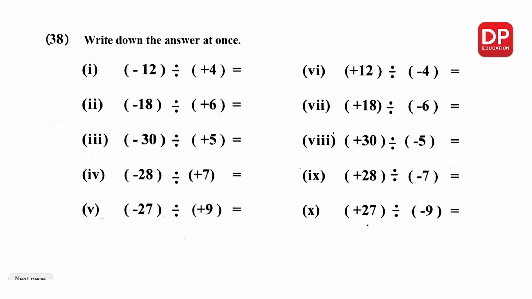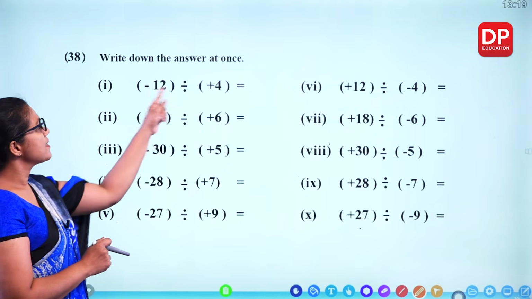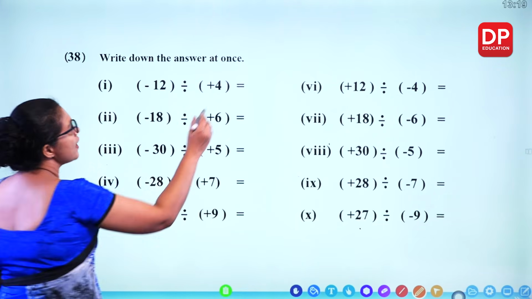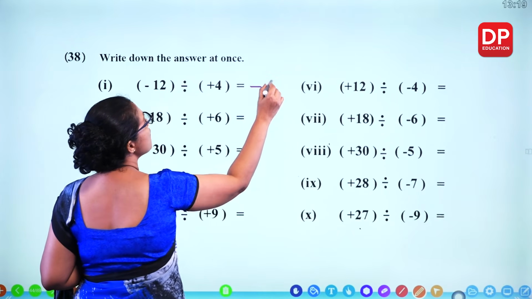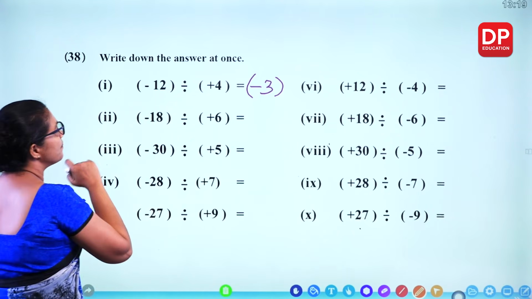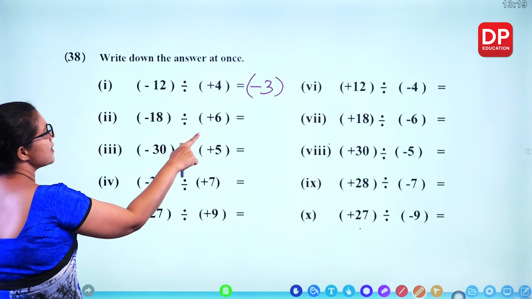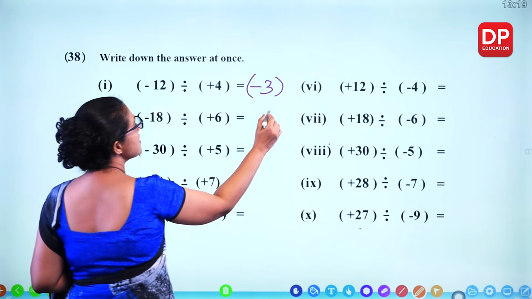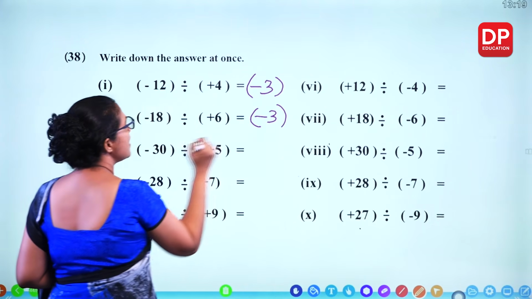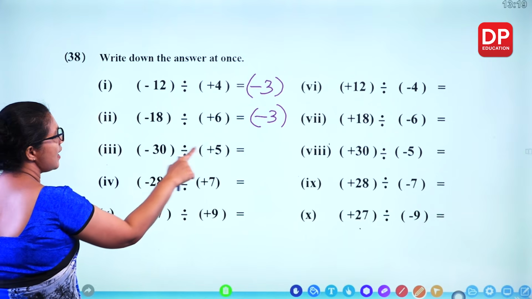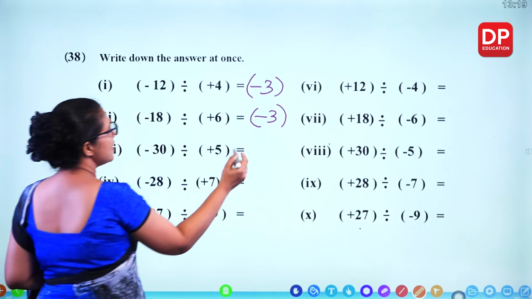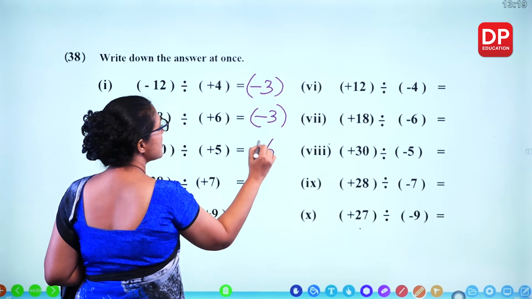Write down the answer at once. Plus and minus. So you get negative 12 divided by 4, 3. Plus and minus. 18 divided by 6 is 3. You are getting a negative answer. Again, minus and plus. 30 divided by 5 is 6.